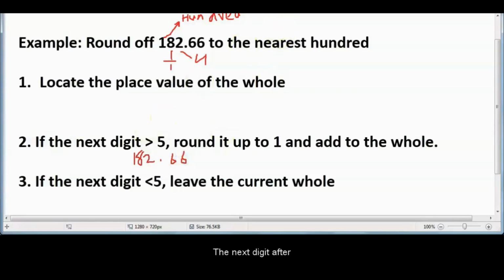The next digit after 1 is 8. And 8 is greater than 5. So we round up to 1 and add it to 1. So our 1 becomes 2. That means 182.66 to the nearest 100 is 200.